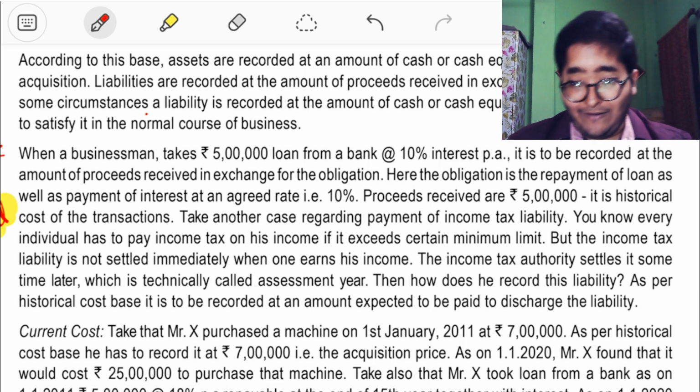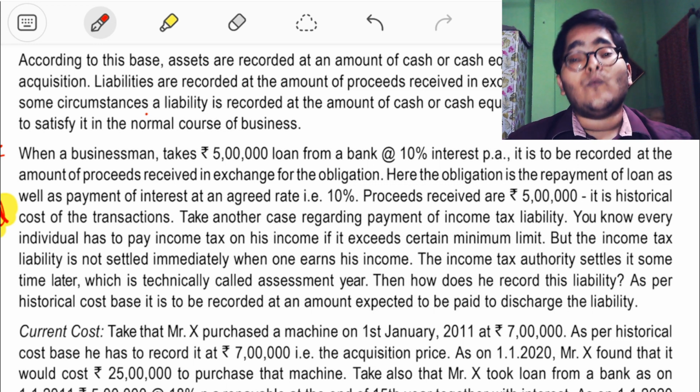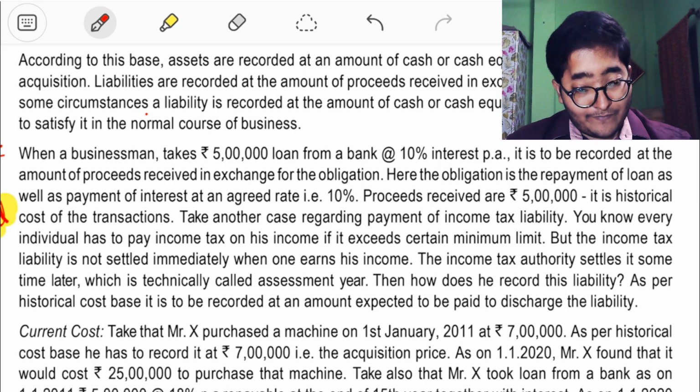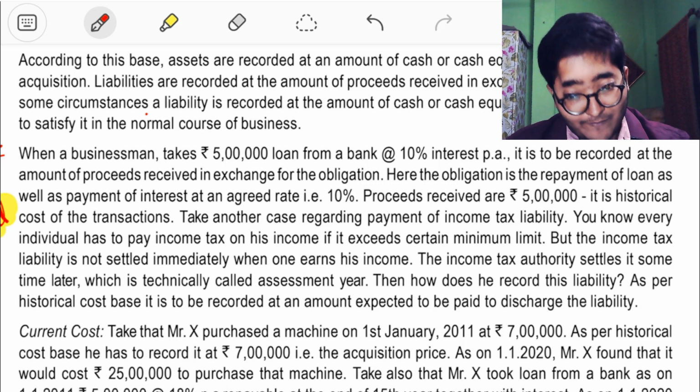If an income of an individual exceeds a certain given exemption limit, then that individual has to pay some taxes on that income. Similarly, but the income tax liability is not settled immediately when one earns his income. The income tax authority settles it some time later, which is technically called assessment year.